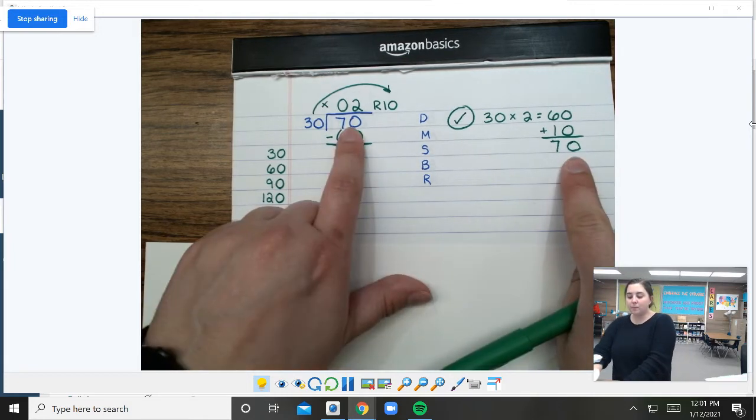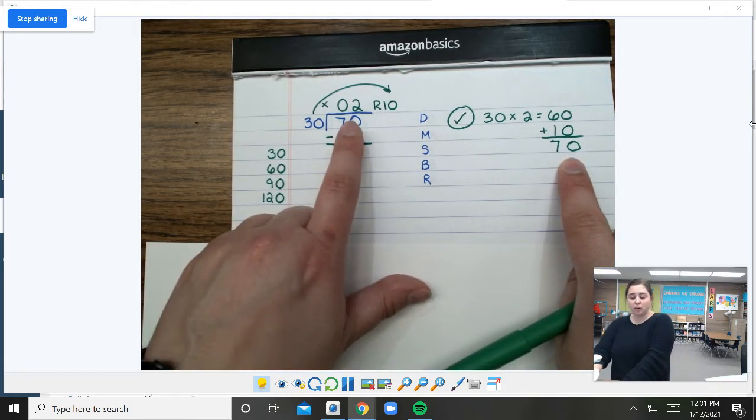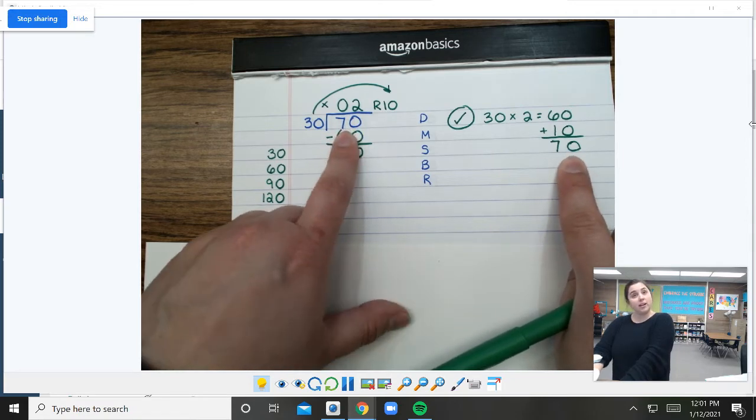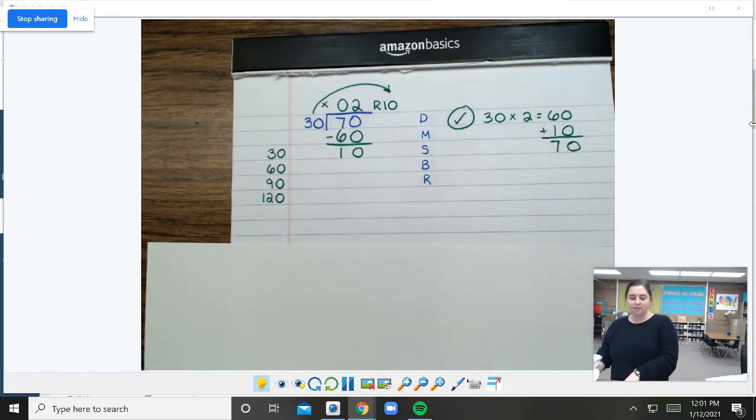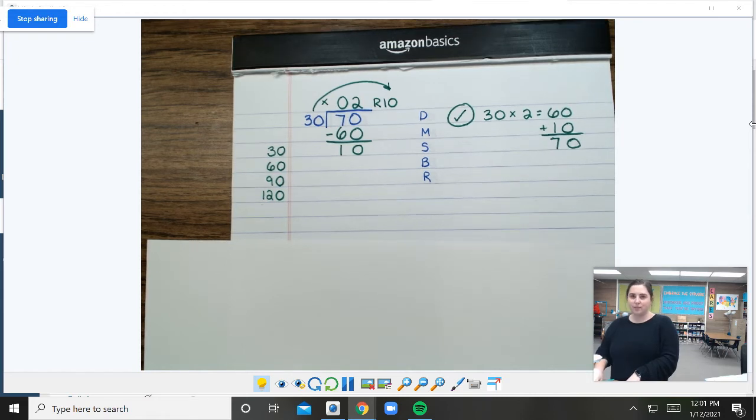And if I get back to that dividend I started with, that 70 here, 70 here, I did it correct. That means my answer must be correct, as long as you did your multiplication and addition correct, that is. That wasn't too bad, was it? Let's do another one.